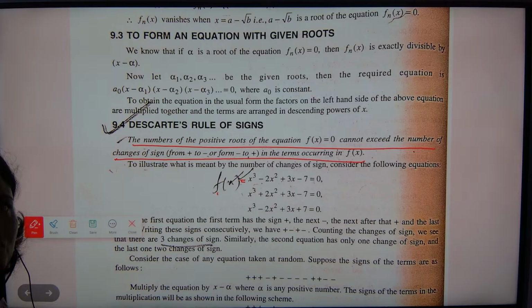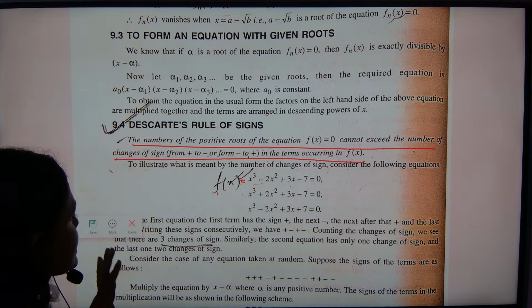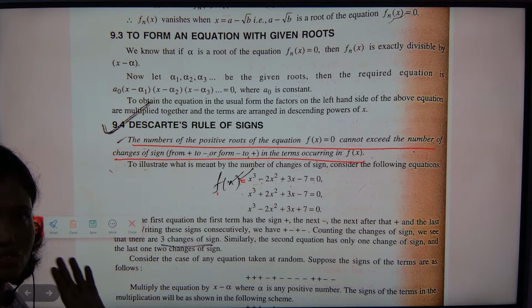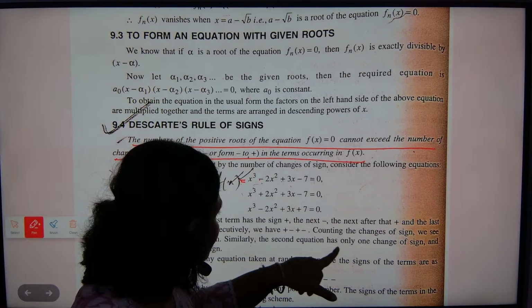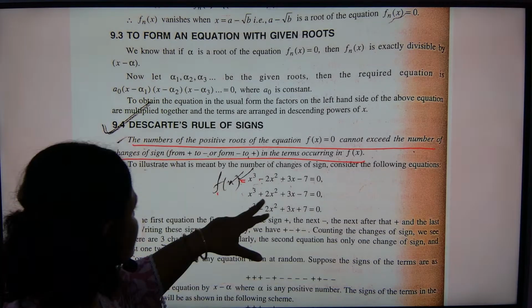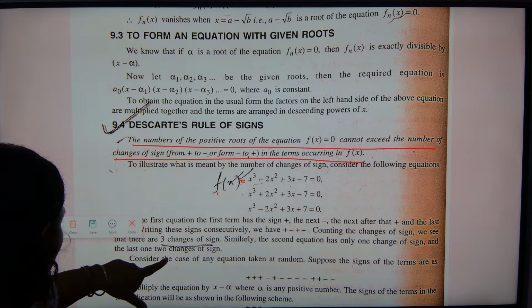So it has 3 changes in sign, so at most 3 positive roots. You have to remember this. Next, in the second equation, only 1 change in sign, see, only 1 change. Next what we have?